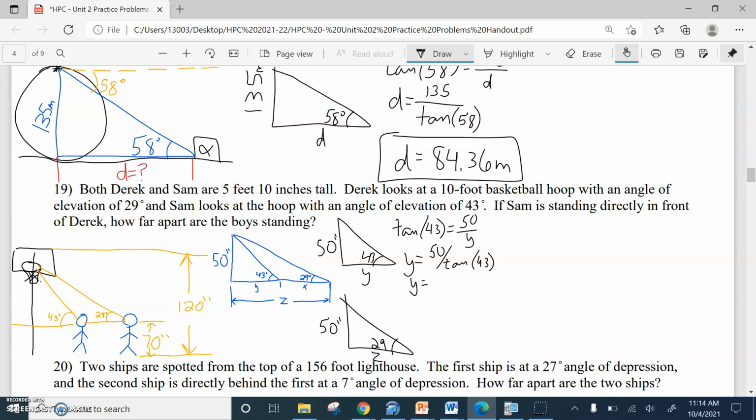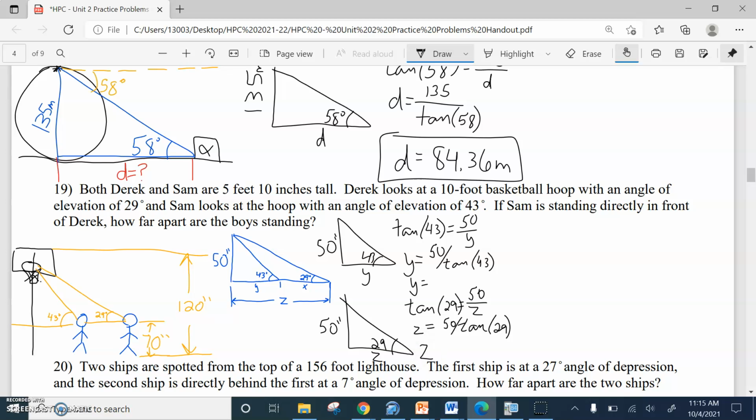And I'll set the other one up too, just while we're at it. So z is 50 over tangent 29.